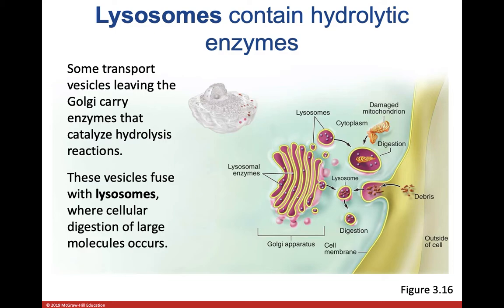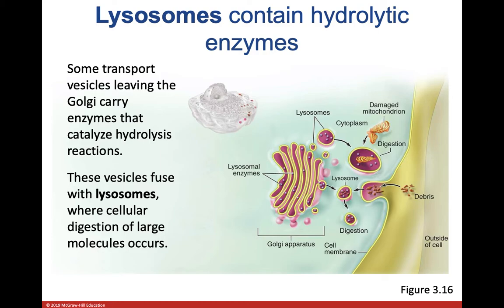So all of that food is going to be broken down by those enzymes inside of that lysosome. And then once it's all broken down, the lysosome is going to be broken apart, and all of the nutrients can then be absorbed by the cell, which is pretty cool. All the waste products that are left over can then be repackaged up in another lysosome and then sent out of the cell.